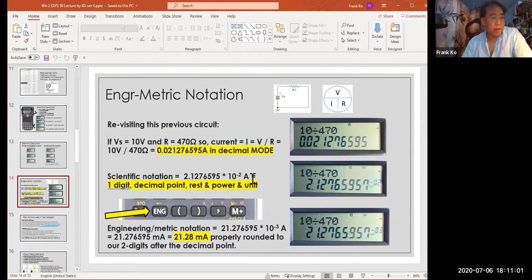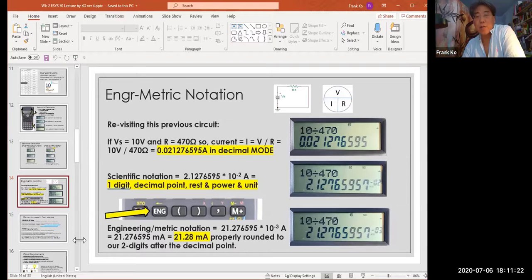On your calculator, remarkable calculator for under $10, you have this engineering key. By pressing engineering, this automatically puts the numbers in what we call proper engineering notation, meaning it'll change the power of 10 so that the power of 10 is some multiple of 3.